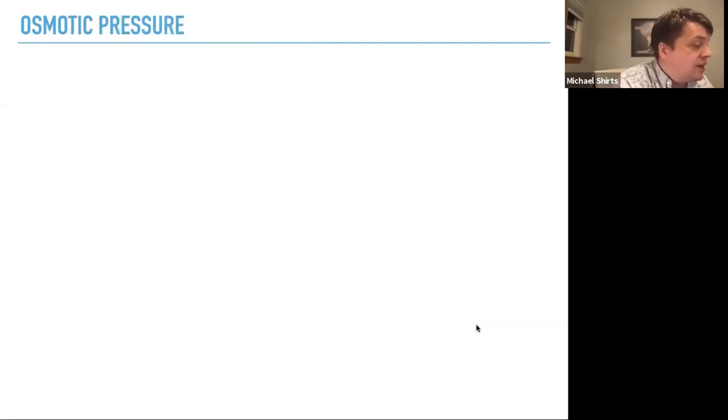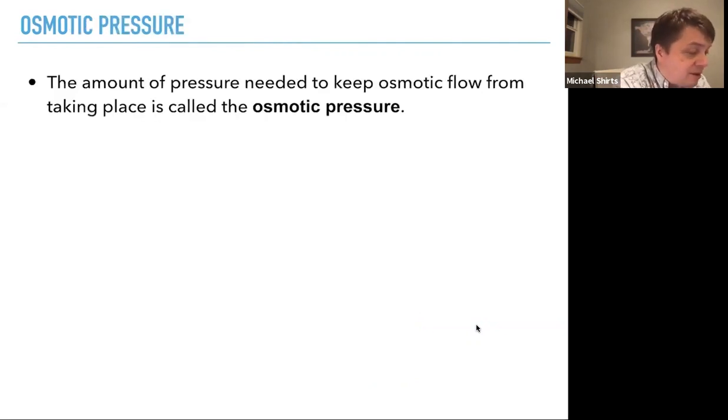The pressure you need to keep the osmotic flow from taking place is called osmotic pressure. You can envision the solvent pushing against the membrane, trying to get through to the other side, as essentially an equivalent pressure.